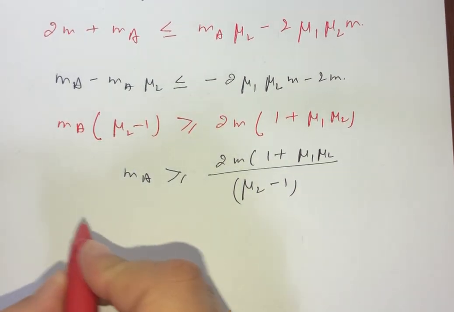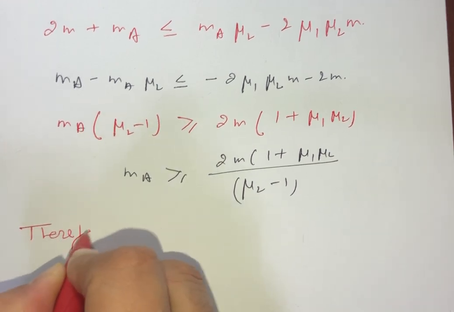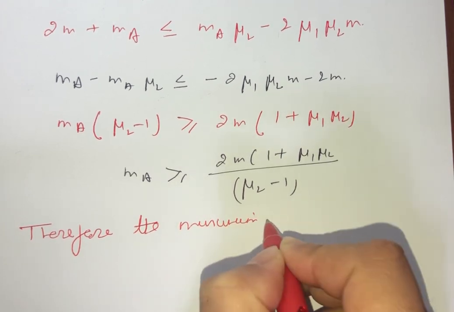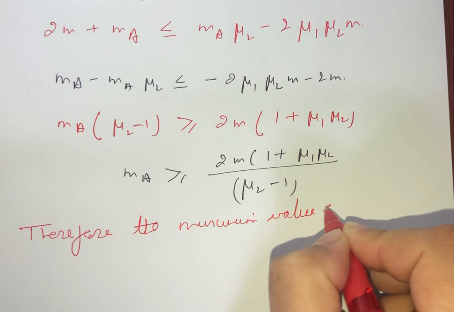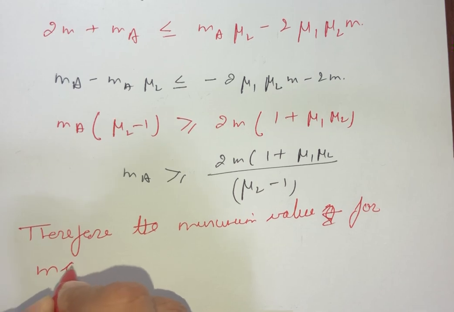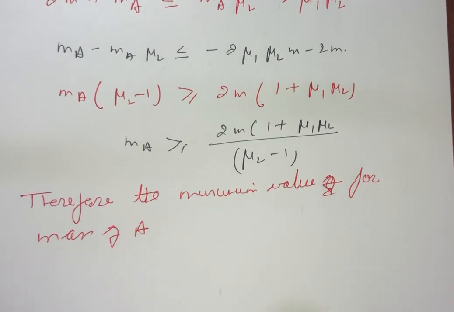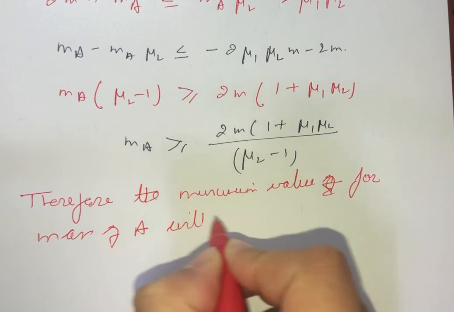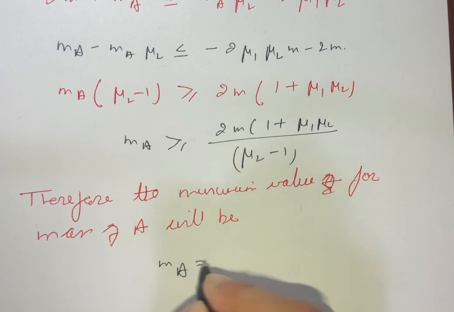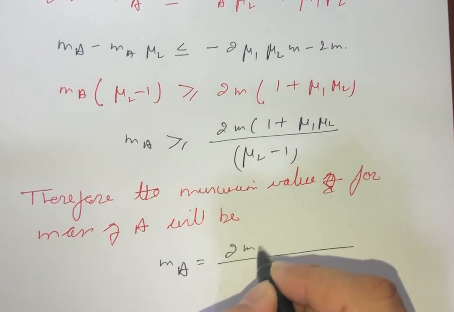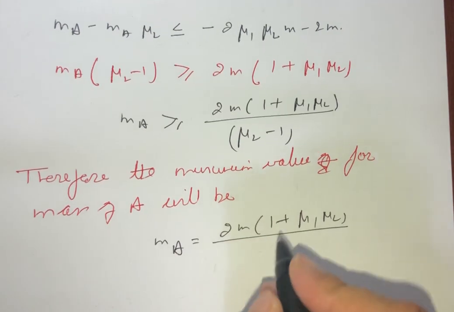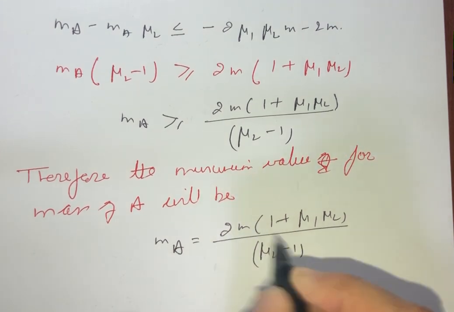Okay. Therefore, the minimum value for mass of A will be MA equal to 2m into 1 plus mu1 mu2 divided by mu2 minus 1.